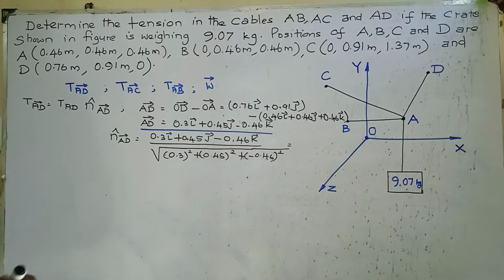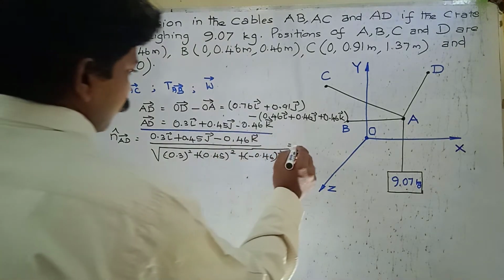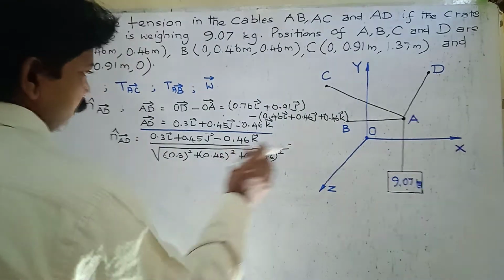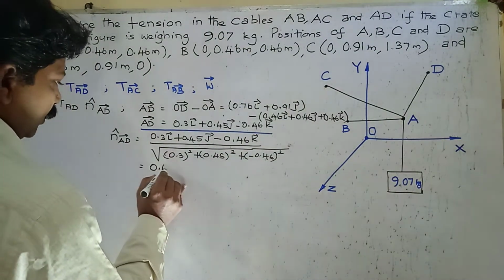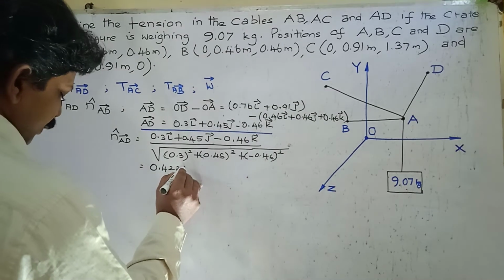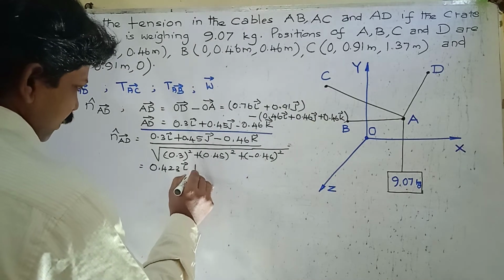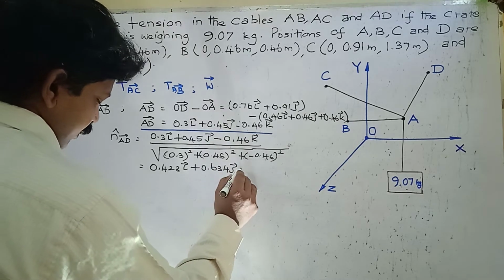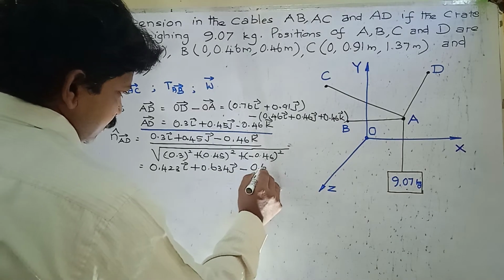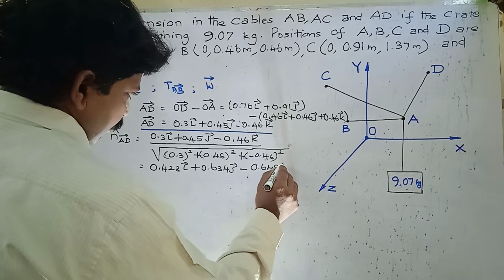n cap of AD vector equal to 0.423 i vector plus 0.634 j vector minus 0.648 k vector.